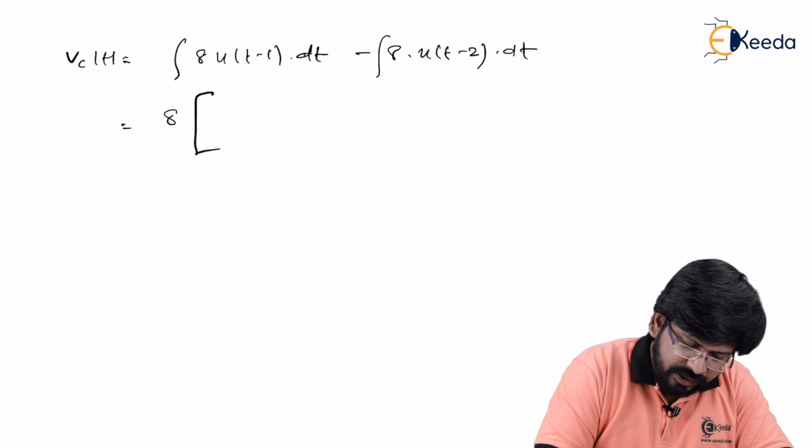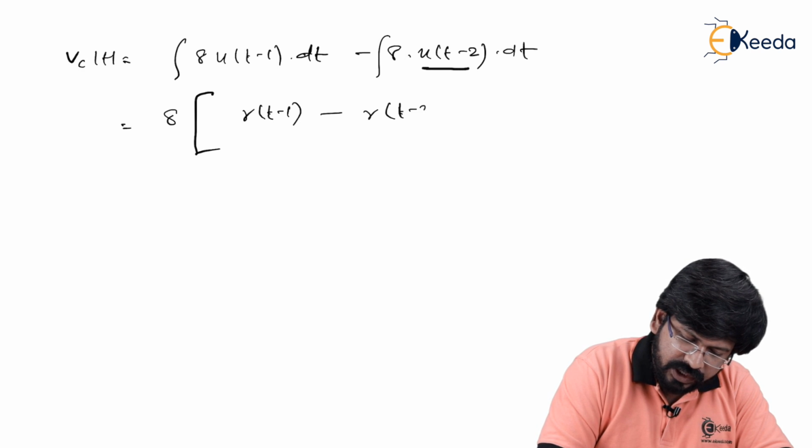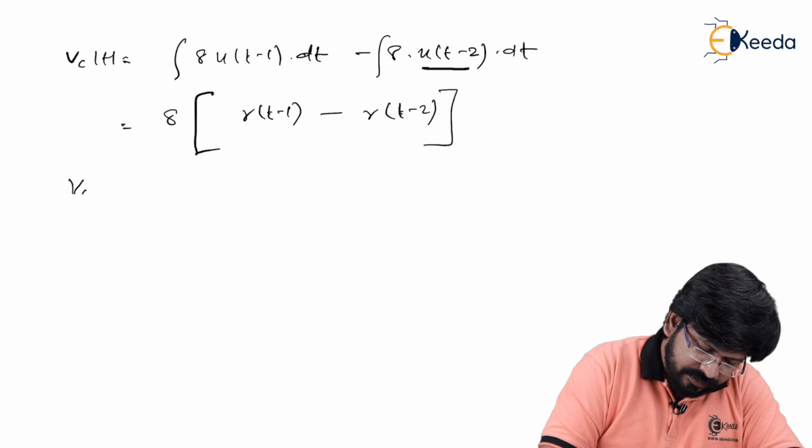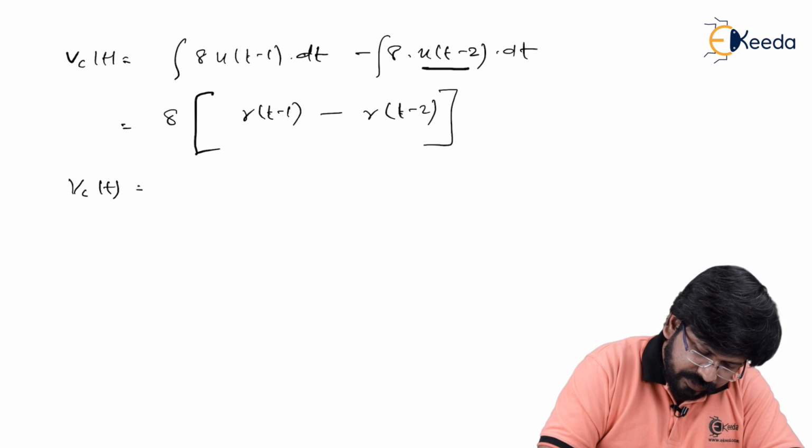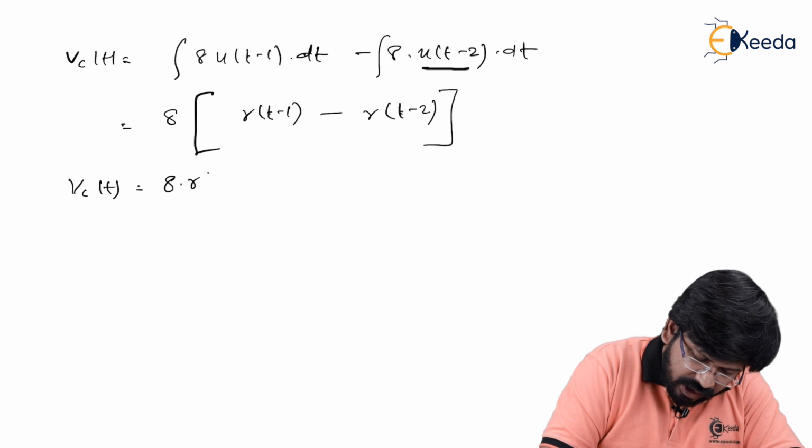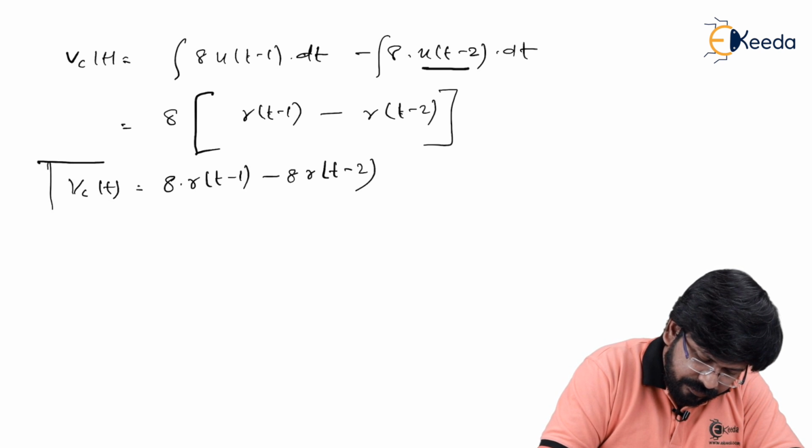The u of t minus 1 integral is r of t minus 1 minus integration of u of t minus 2, it's simply r of t minus 2. Final Vc of t becomes 8 times r of t minus 1 minus 8 times r of t minus 2.